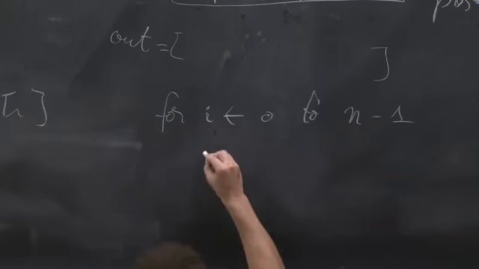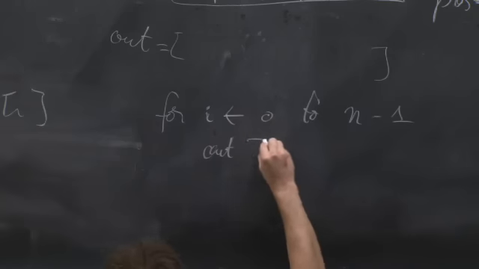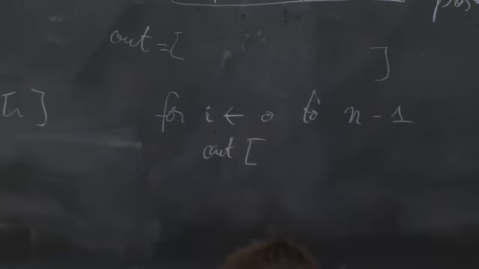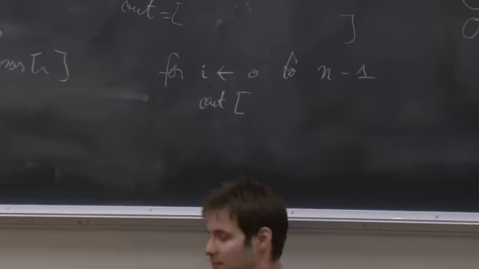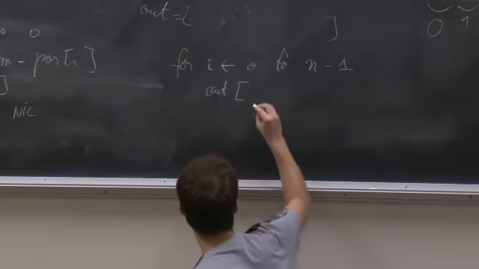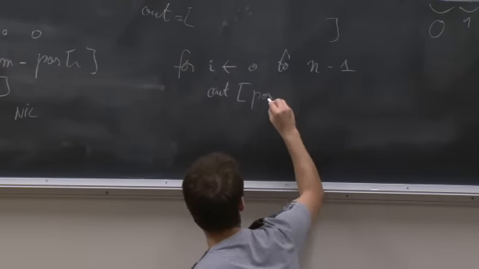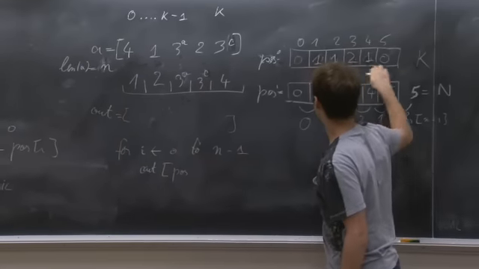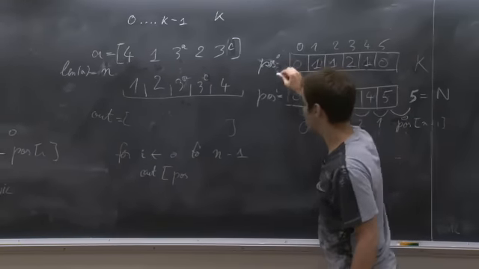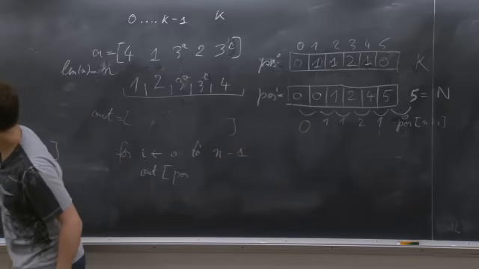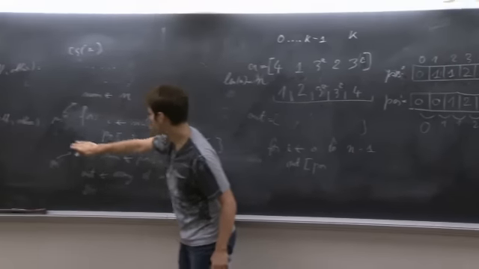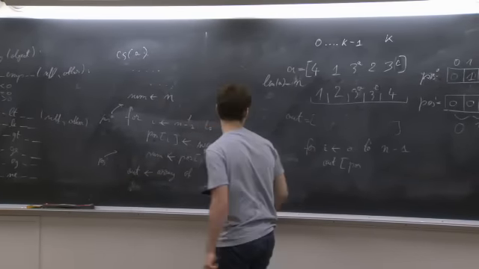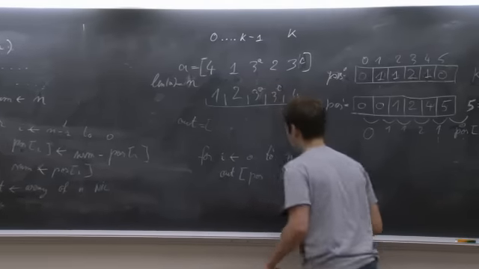Out of, no, it has to be, ooh, can we modify pos 1 as we go? Yep. So you could say out of pos 1. By the way, the reason I labeled them with 0 and 1 is to say that this is what pos is before we're going into the loop, and this is what pos is afterwards, but it's a single array, so let's call it pos.